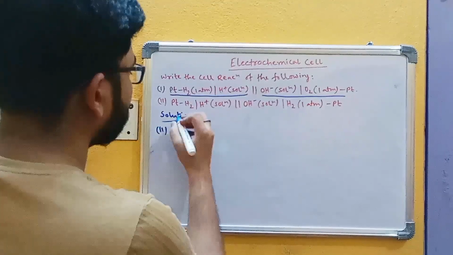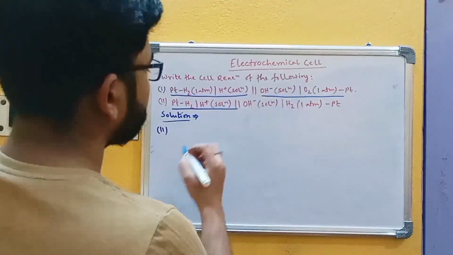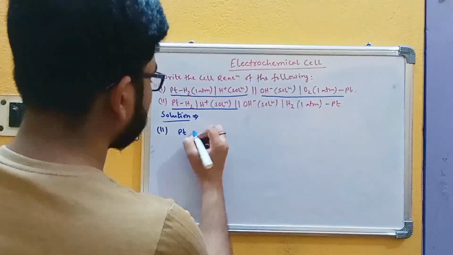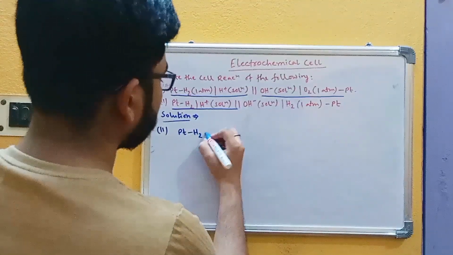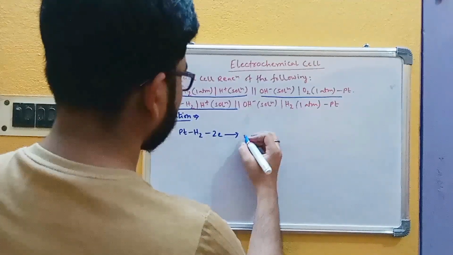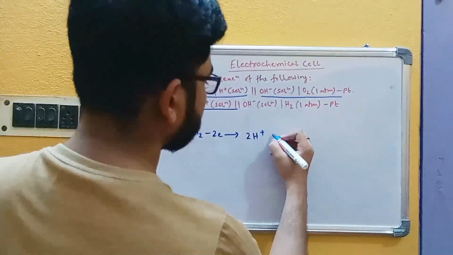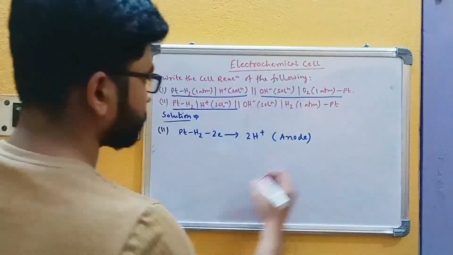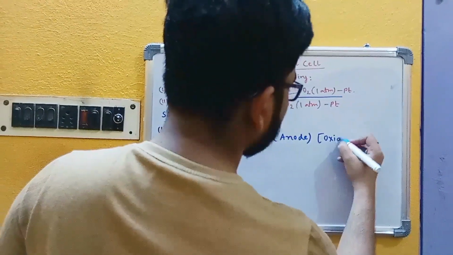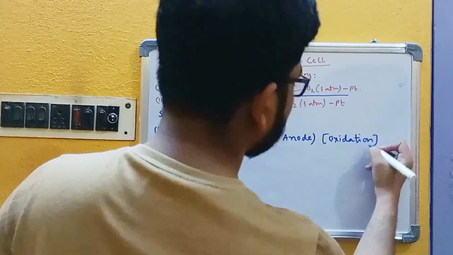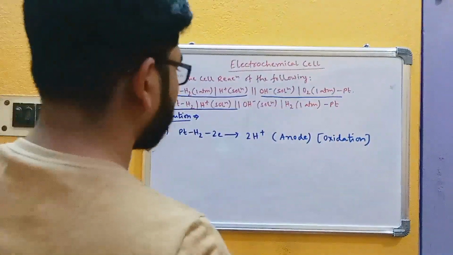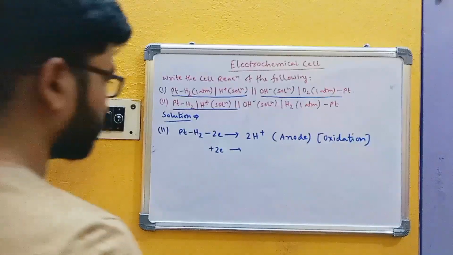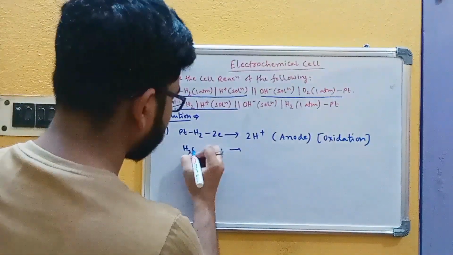So in 2 we can see that this is anode, and if we write the half cell reaction of the anode, Pt, H2 minus 2 electrons, and we get 2H plus, this is anode, and here oxidation takes place. In the cathode, firstly write this 2 electrons because reduction takes place here, then you write H2O over here.